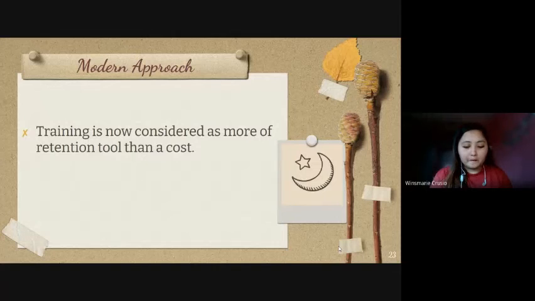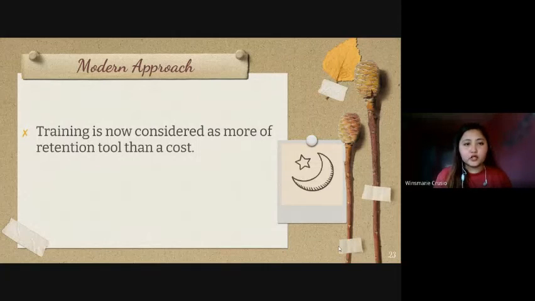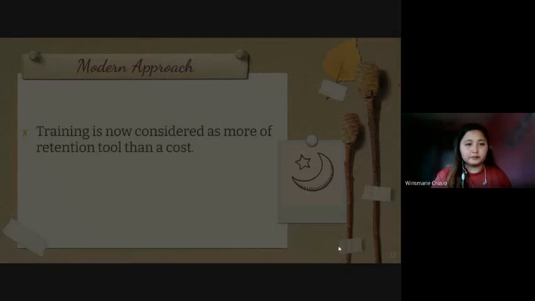There were also some views that training is a very costly affair and not worth it. Organizations used to believe more in executive poaching, but now the scenario seems to be changing. In the modern approach, training and development is now considered more a retention tool than a cost. The training system has been changed to create a smarter workforce and yield the best results.